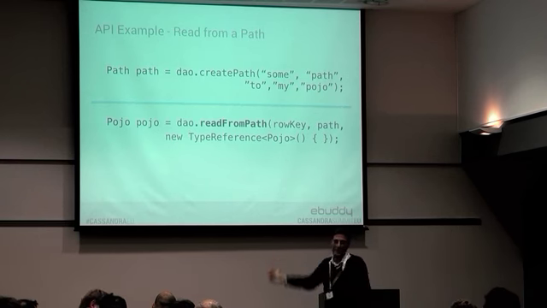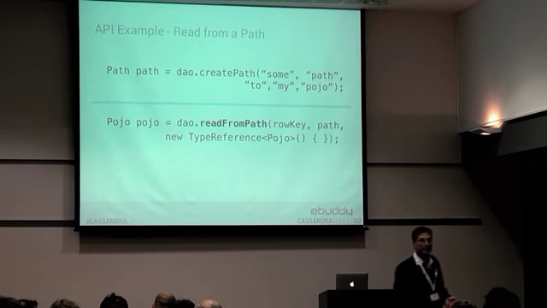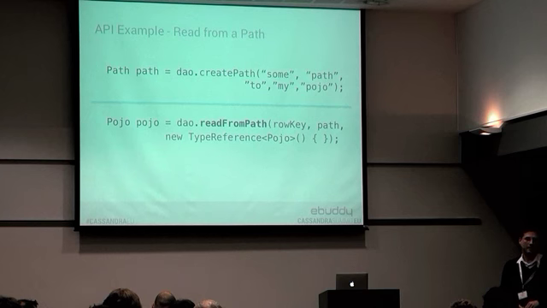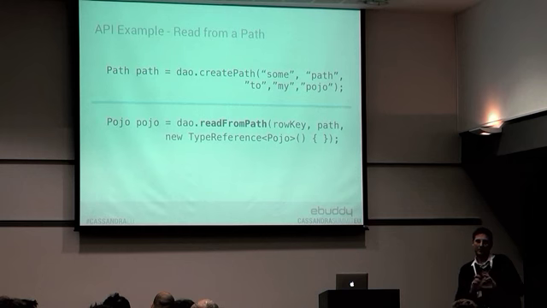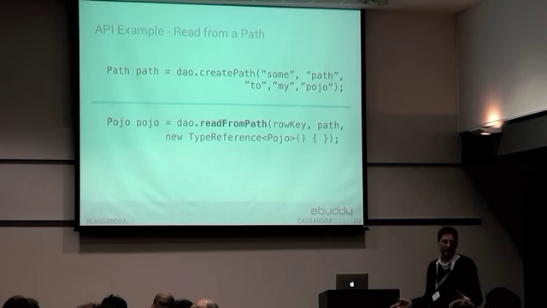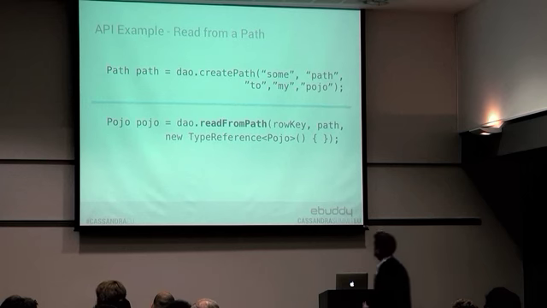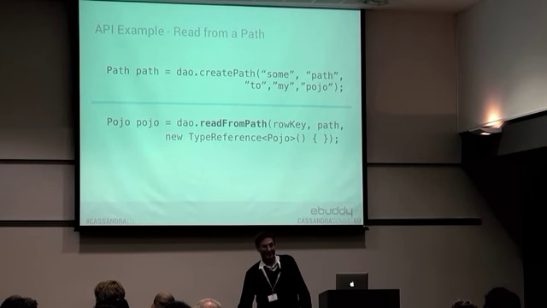The generic type can be as simple or as complex as you need it to be. So it can be a nested generic as deeply as you need it to be, and the library will be able then to reconstruct the object using your POJO types exactly as specified, assuming the data is consistent.